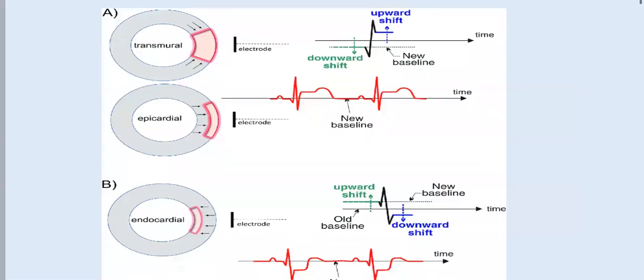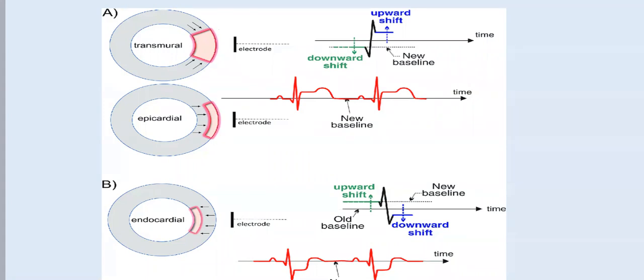Okay, now why do we get ST segment elevation? ST segment elevation means transmural injury. So the electric current moves towards that segment. So moving towards that electrode means elevation. Look at the one at the bottom. When we have ischemia, ischemia means endocardial injury.